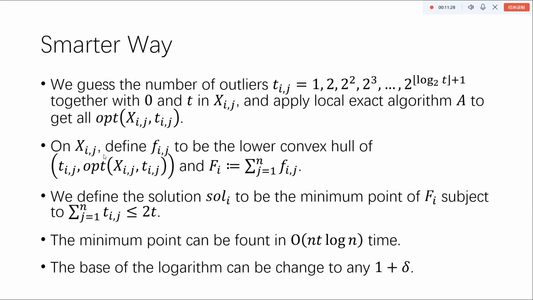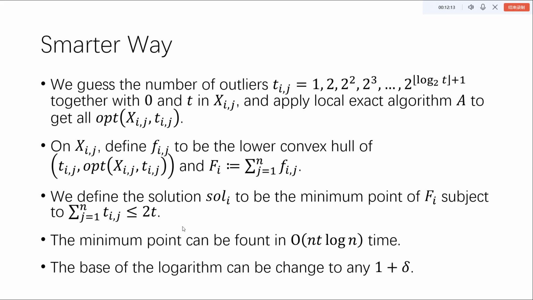So on X_ij, we define F_ij to be the lower convex hull of all T_ij and the local optimal solution values. For all such points, we find their lower convex hull, and then we define the capital F_i to be the summation of all the lower convex hulls. You can see that each convex hull is defined for a single white strip in a grouping, and we just sum them together.